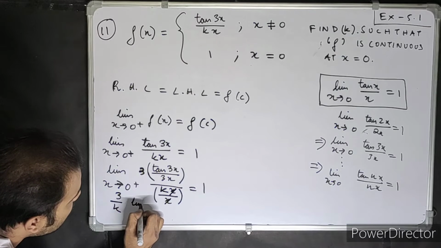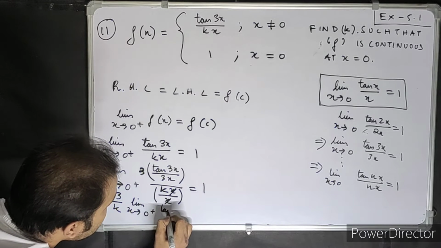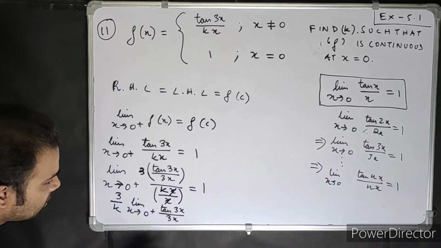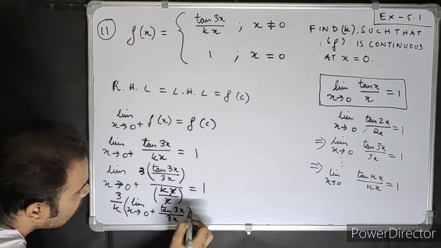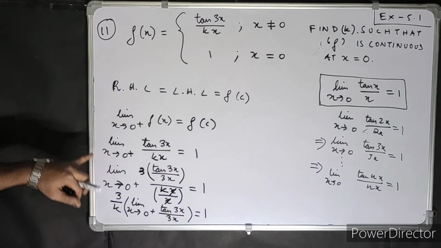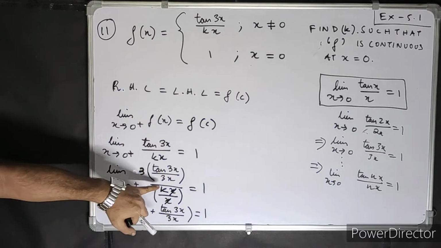Now inside, what can you write? Limit of x tends to 0 plus, tan 3x divided by 3x is equal to 1. Look from here what happened. I divided this by 3x.